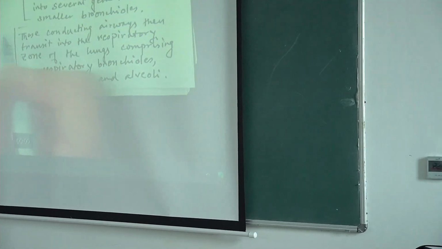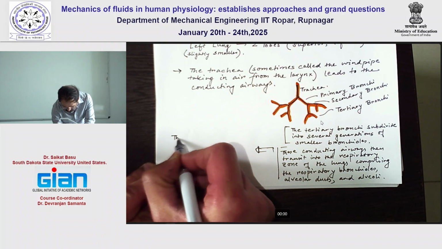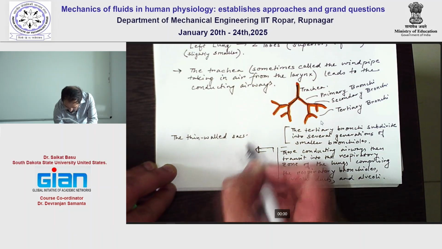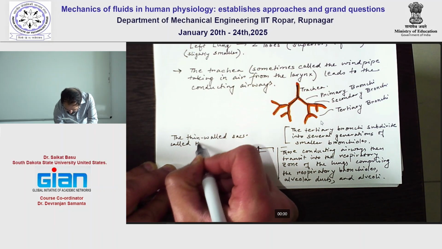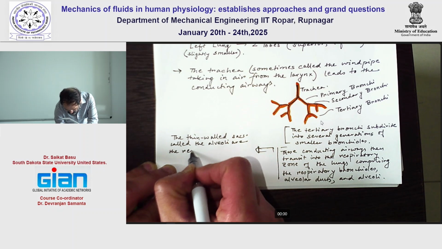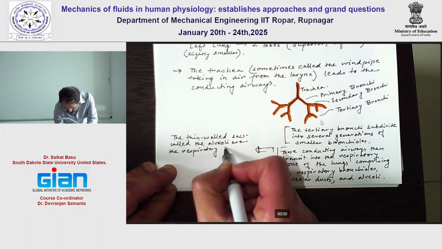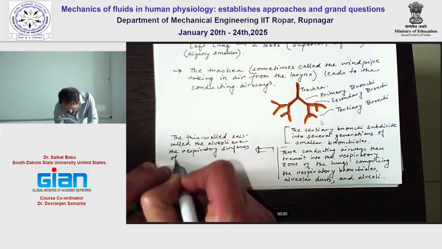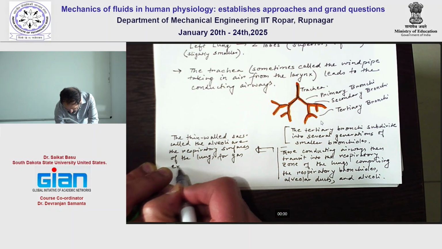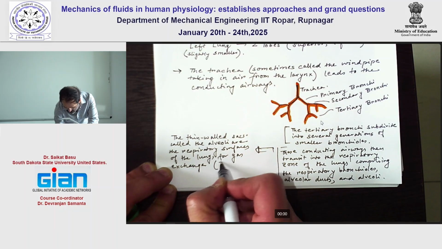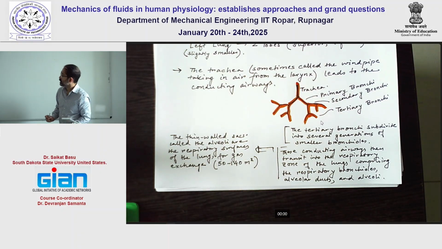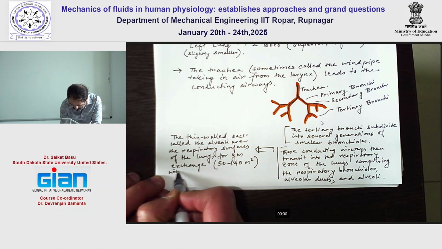So the thin-walled sacs called the alveoli are the respiratory surfaces of the lung for gas exchange, and the area depends on the individual, it is between 50 to 140 square meters. So, the gaseous exchange takes place with the pulmonary channels.